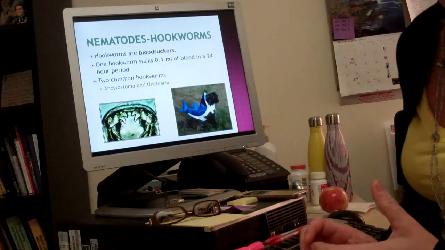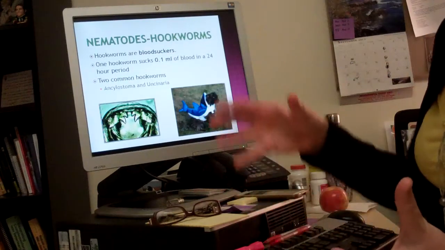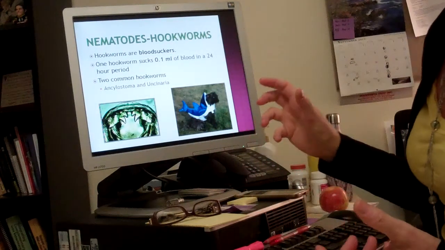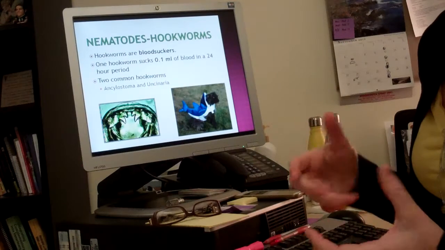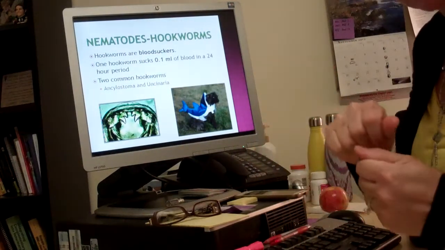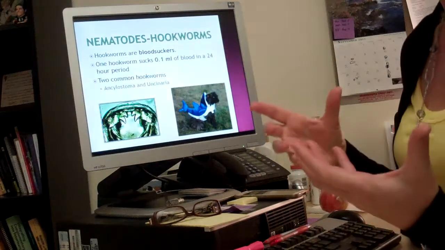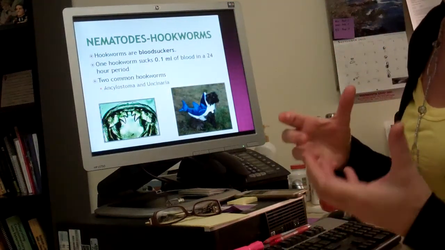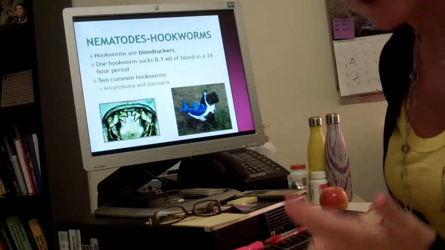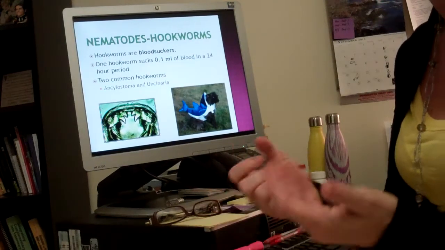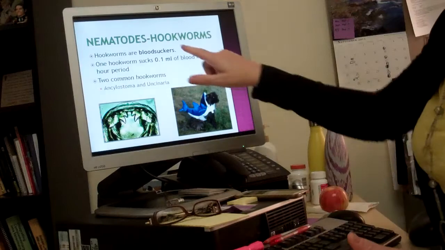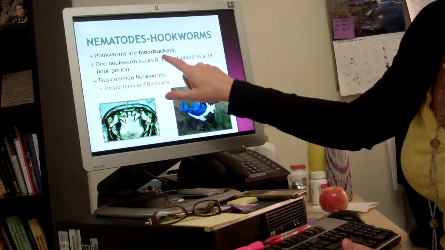As we take this information that we've learned about roundworms, let's now apply it to hookworms. Hookworms are also nematodes, so as an adult they look like a cylindrical worm. One similarity is that these adults will live in the intestines, same place. They will steal nutrients, but they also have the ability to suck some blood.